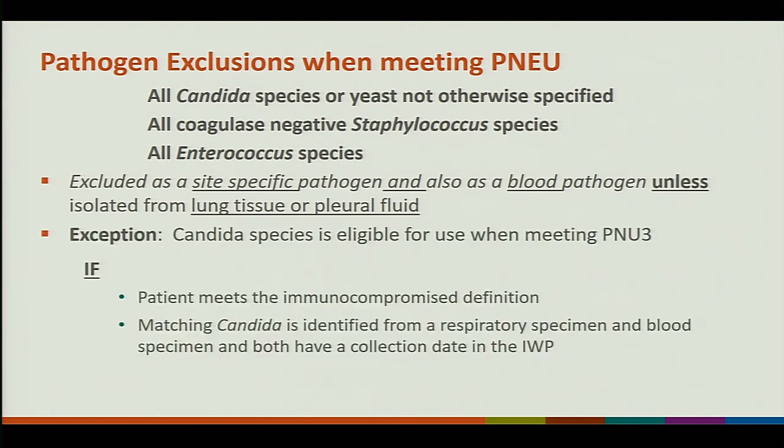We do have an exception. Every rule has an exception, and NHSN likes exceptions. You all like our exceptions sometimes too, sometimes you don't. The exception for Candida is that if the patient is eligible to meet PNEU 3, and this requires that they meet the immunocompromised definition in the pneumonia protocol, then if they have Candida in their blood and in a respiratory specimen, and this is the only time you can use an expectorated sputum, by the way, and the collection date for those two, the blood and the respiratory specimen, are in the same IWP, then Candida can be used.